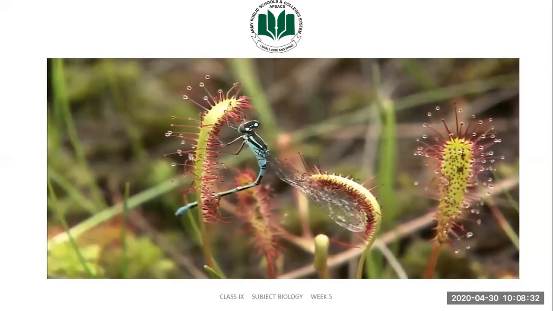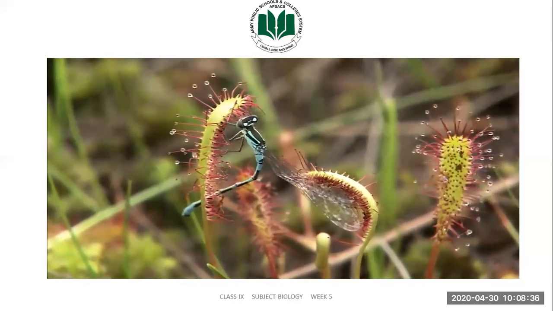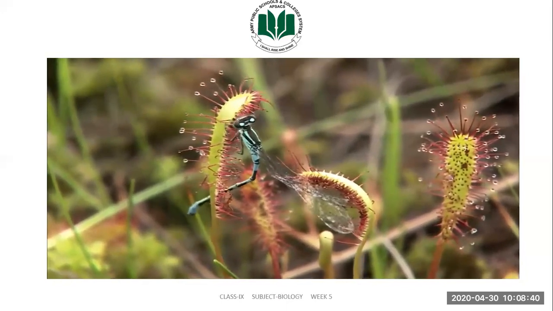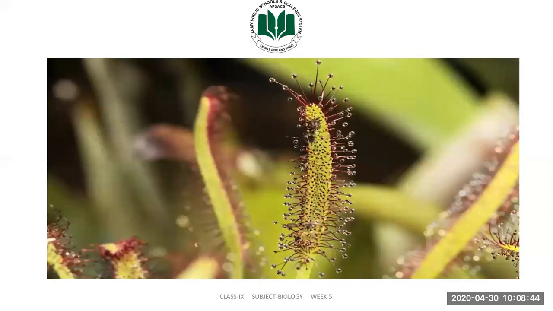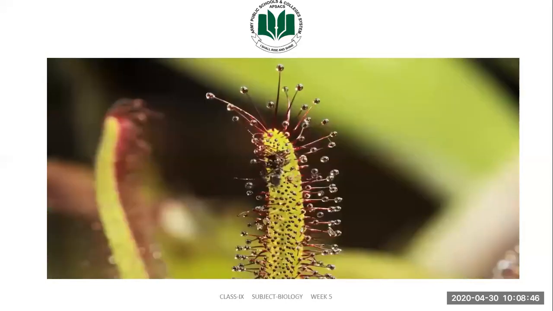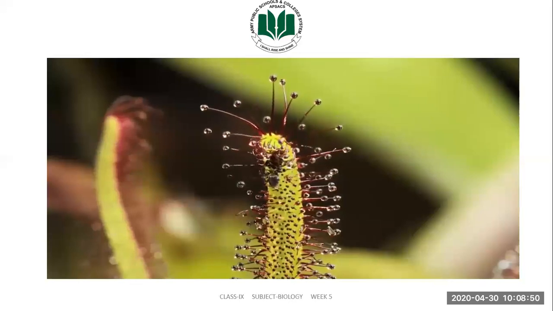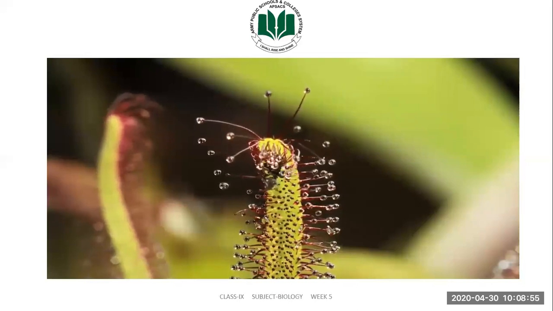This mucilage is a thick, sticky, glue-like substance that both ensnares and digests its prey. The tentacles respond to the slightest touch, causing other tentacles to slowly bend towards the prey and downwards. The more the animal struggles, the more they are entangled in this external stomach.